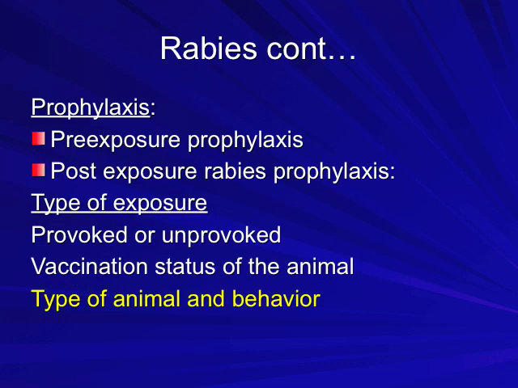So as far as prophylaxis, pre-exposure prophylaxis is indicated for vets, lab workers, or patients who are going on international trips where rabies is high, or where they're going to be exposed to animals that may have rabies.